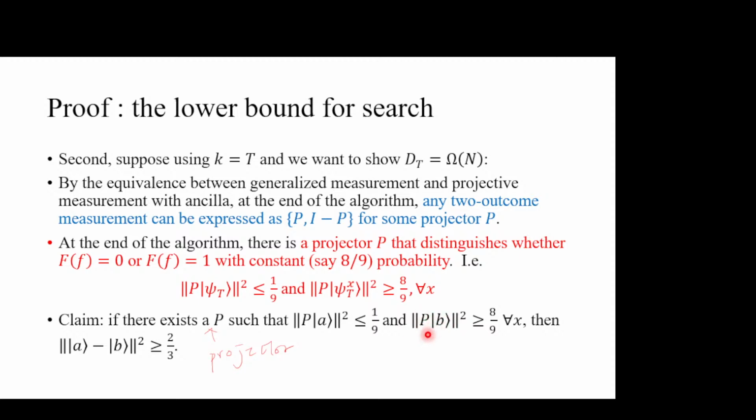Because the norm of PB squared is greater than or equal to 8/9. You can think about this in terms of a two outcome measurement.